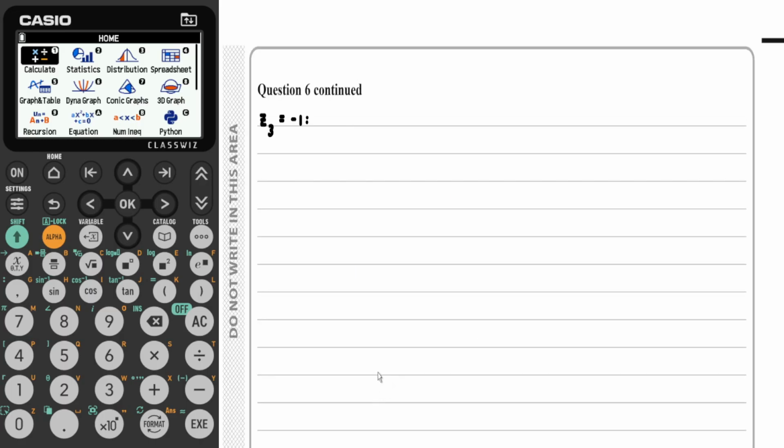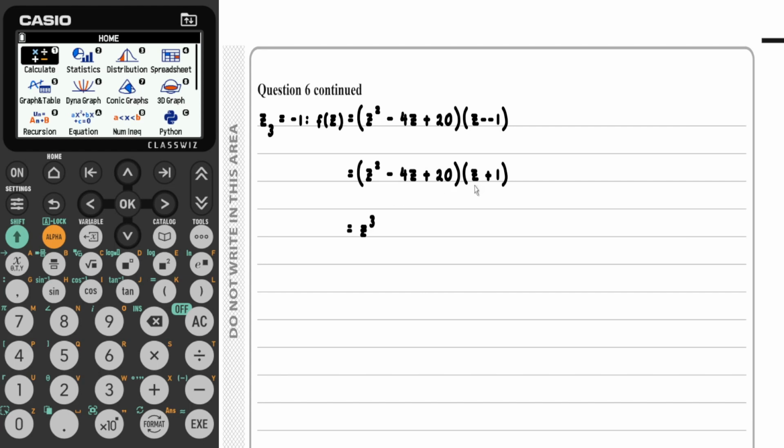If we use z3 equals negative 1, f(z) will equal the quadratic factor z squared subtract 4z plus 20 multiplied by (z subtract negative 1), or quite simply (z squared subtract 4z plus 20) times (z plus 1). So let's work this out. z squared times z is z cubed. Then z squared times 1 is z squared.